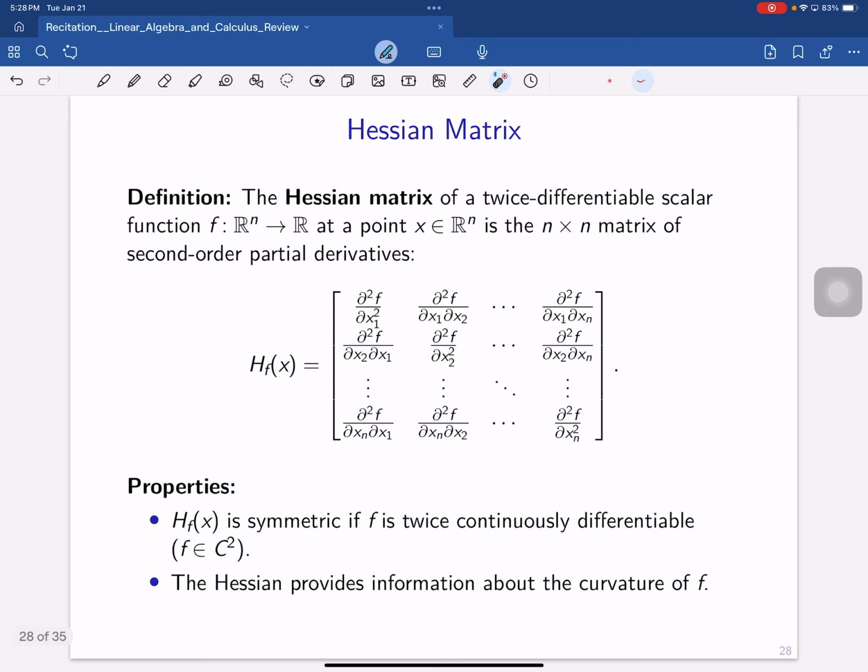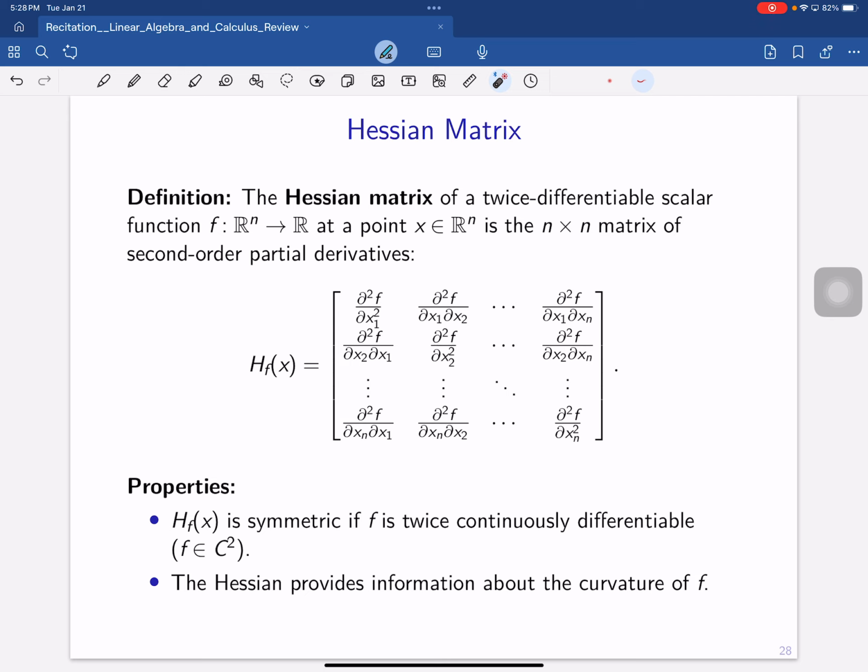Okay. Yeah, so here is one more definition. What is the Hessian of a function? If a function from Rn to R is twice differentiable, meaning that the second order derivative also exists, and for the sake of the argument, let's also assume the second order derivative is continuous, then you can write down this Hessian matrix, and each entry of this matrix is taking the partial derivative with respect to xi, then the partial derivative with respect to xj, right?